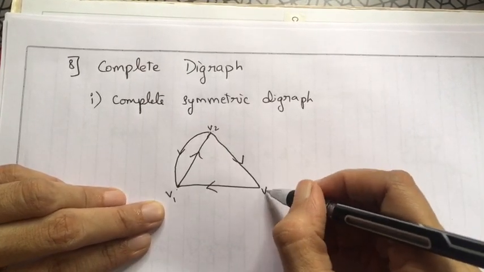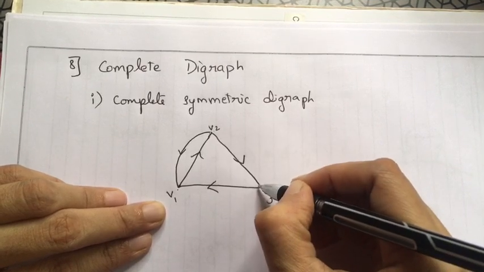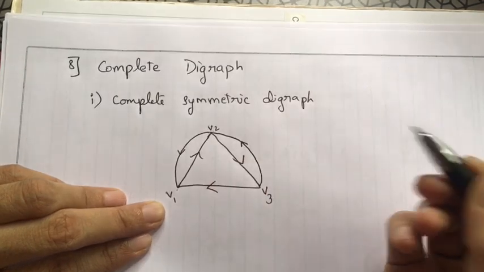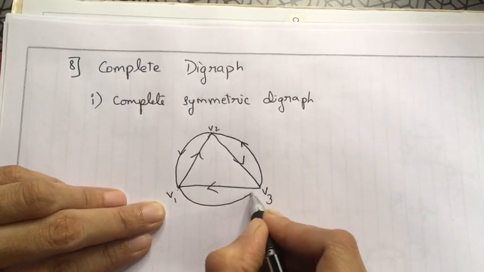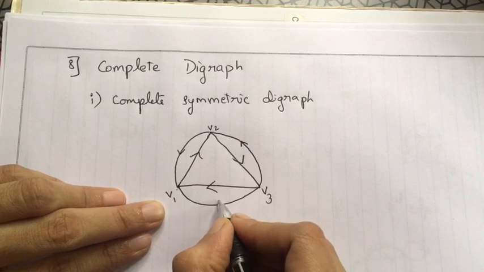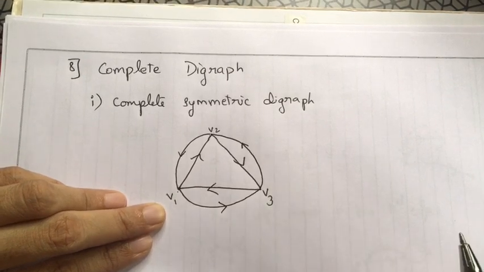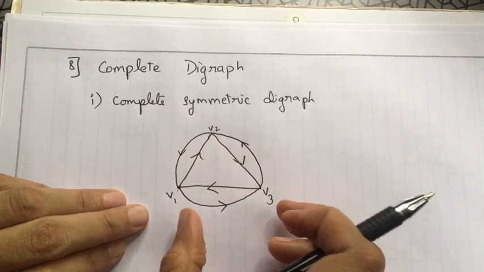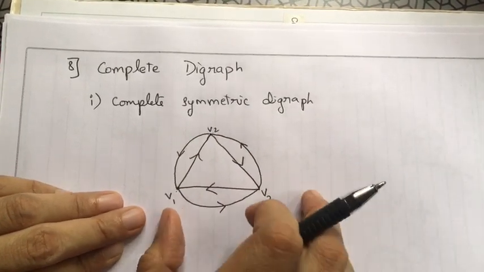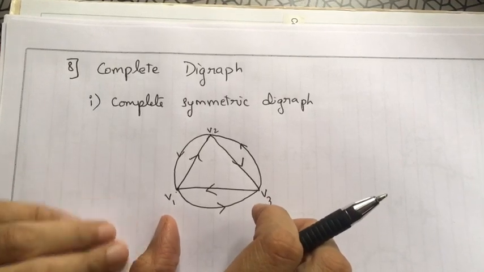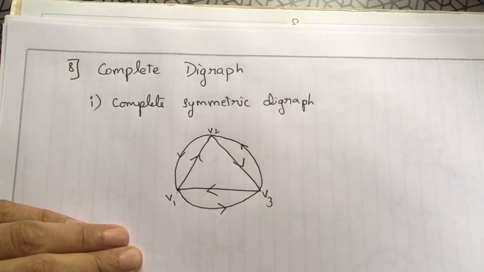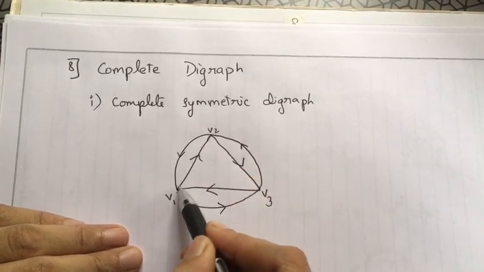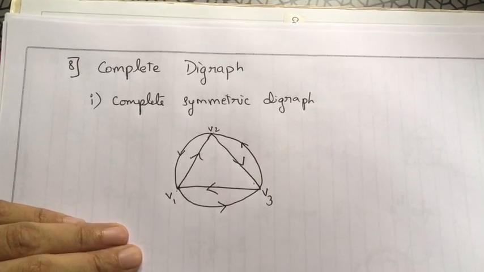Now from v2 to v3 there is an edge, from v3 to v2 also there has to be an edge. Similarly, from v3 to v1 there is an edge, and from v1 to v3 there has to be an edge, so that I can say this is a complete symmetric digraph. It's a simple digraph in which there is exactly one edge directed from each vertex to every other vertex.